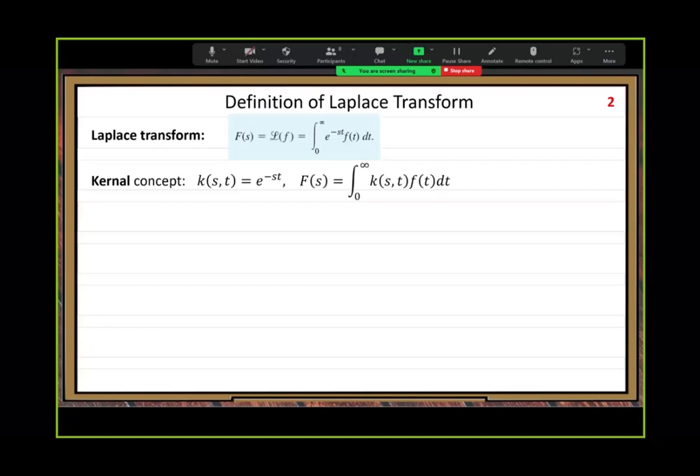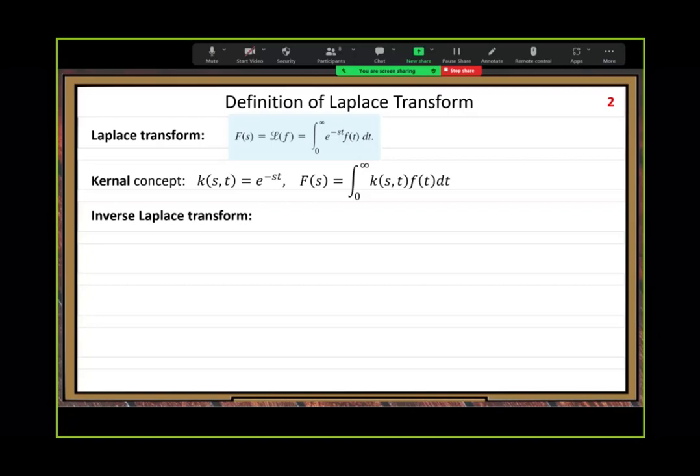Typically mathematicians like to use this abstract way to study operators. For us, it's not important whether we call it the kernel or not. The important thing is we know how to apply the Laplace transform on a given function.